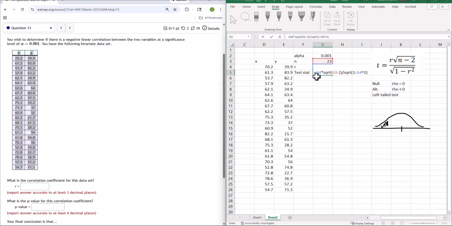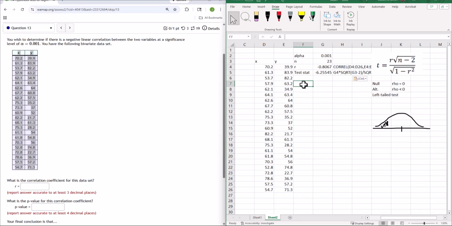And so remember it's R here and then R there. So grab the right one, be a little creative. And we have a negative test statistic.